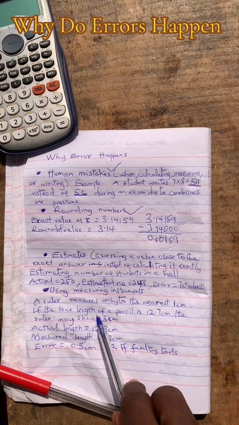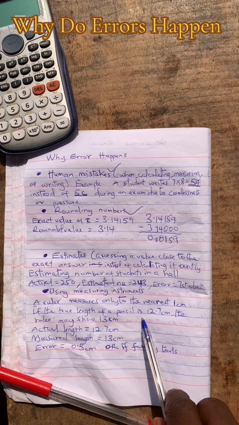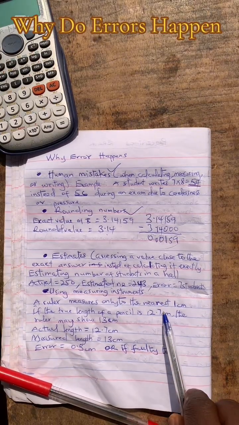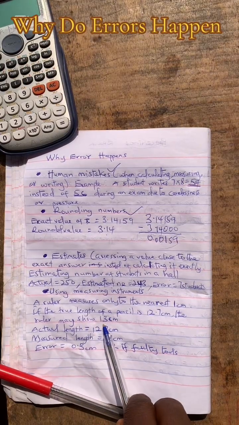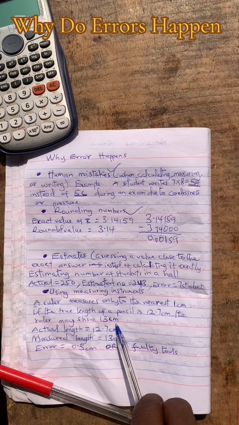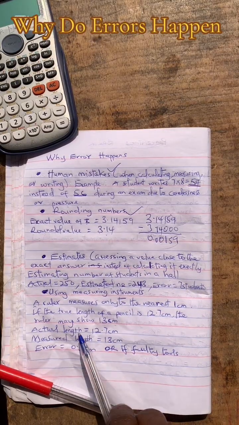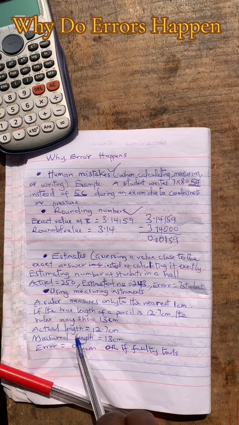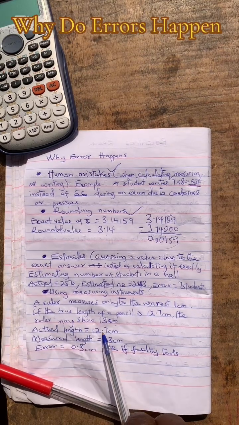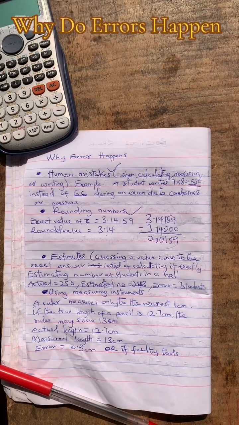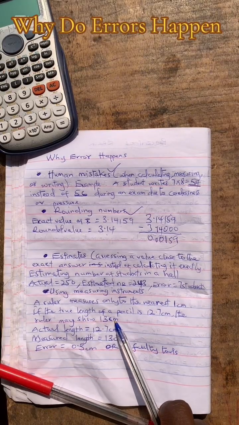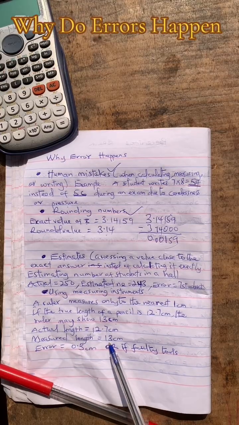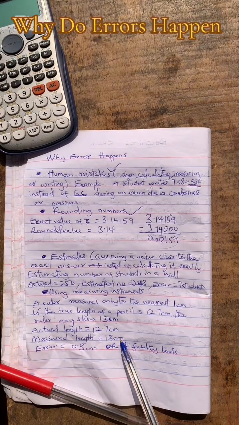So if the true length of a pencil is 12.7 centimeters, the ruler may show 13 centimeters. In this case, the actual length is 12.7 centimeters, but the ruler gave the measurement as 13 centimeters.